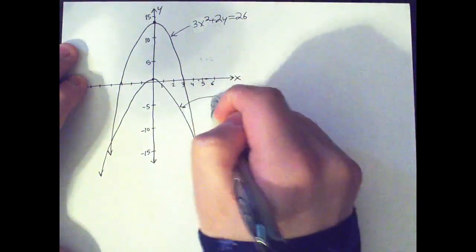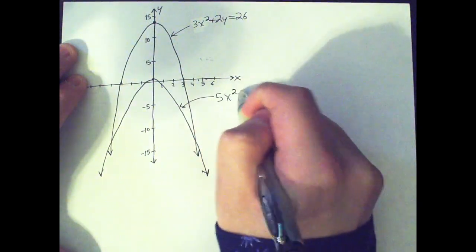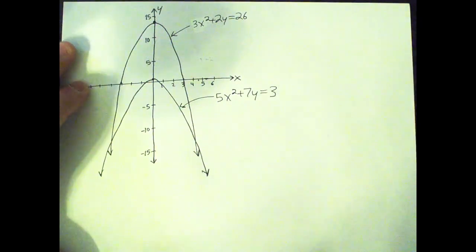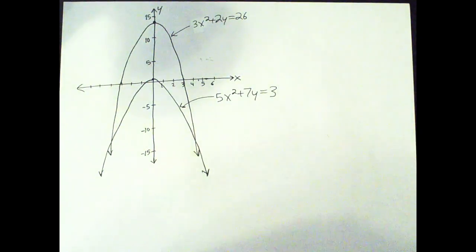All right, that's pretty close. And this is the one that's 5x squared plus 7y equals 3. So this is the intersection of two curves. And now maybe you can see why they intersect at two different places.